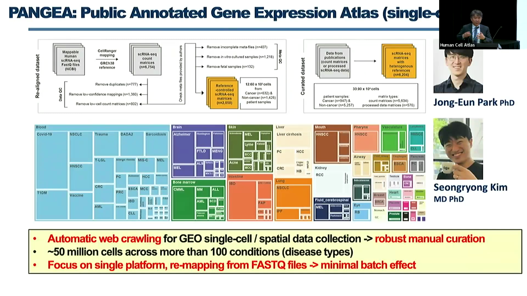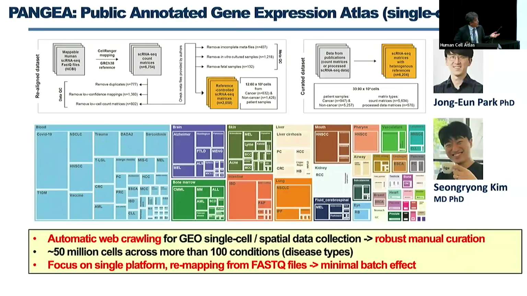GEO data with the FastQ. So he downloaded all the data, and did alignment again. And he removed some data, and finally he got more than 12 million cells.